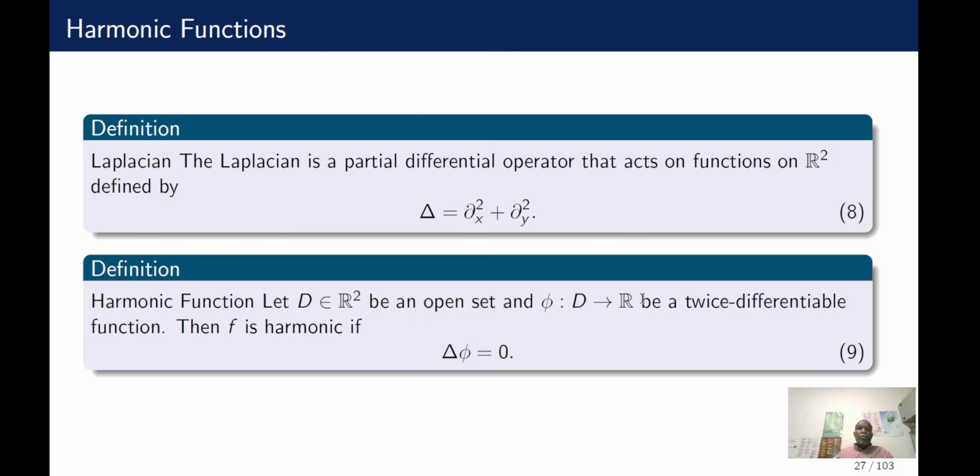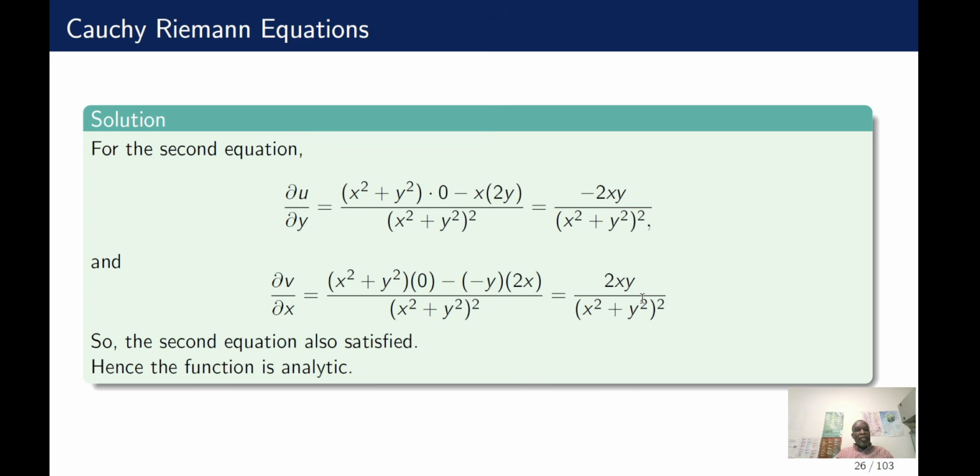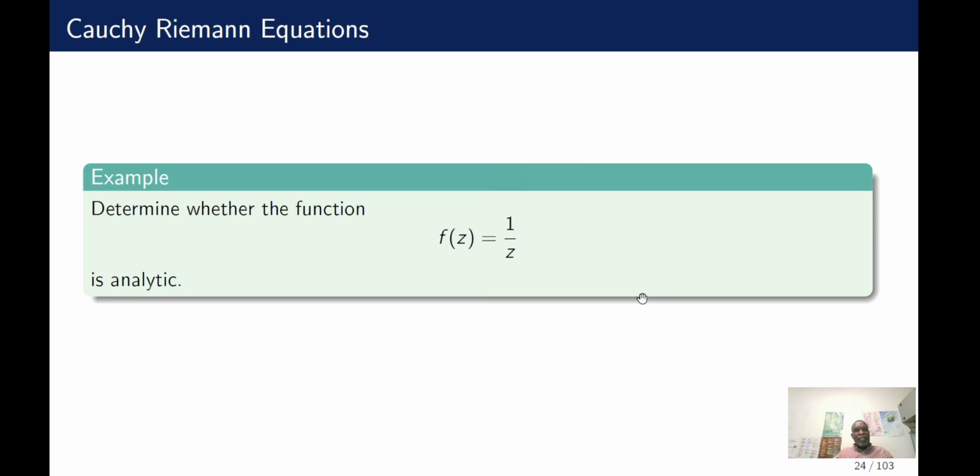So it means that the function that we started with, 1 over z, is analytic. Possibly it's analytic everywhere. I think we can only have a problem when z is equal to 0. So it's analytic everywhere except at the origin, where the original function is not defined. But wherever it is defined, it is analytic.